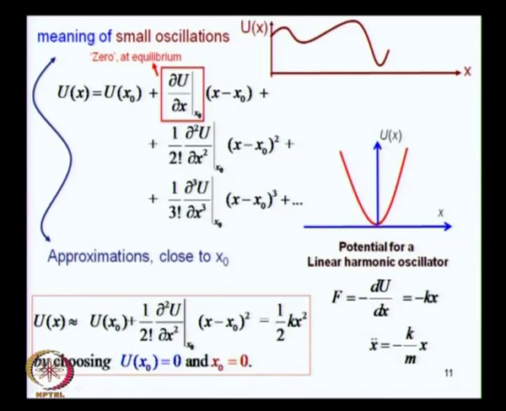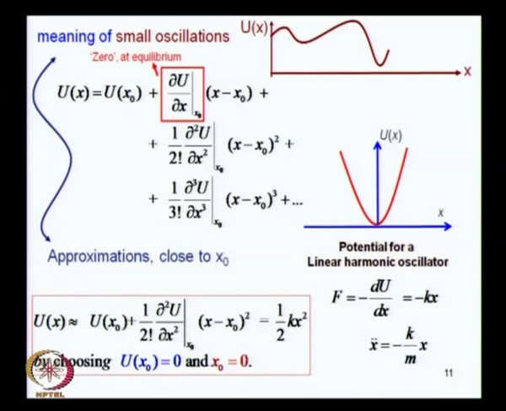If you consider all the infinite series, you have an equality. But if you say that x minus x 0 is small enough that I can ignore higher order terms. So in real potentials, these higher order terms will always be present, because the potential does require this infinite power series to be used. So it is an approximation, and it is a good enough approximation in a large number of physical situations, which is why it is so powerful.